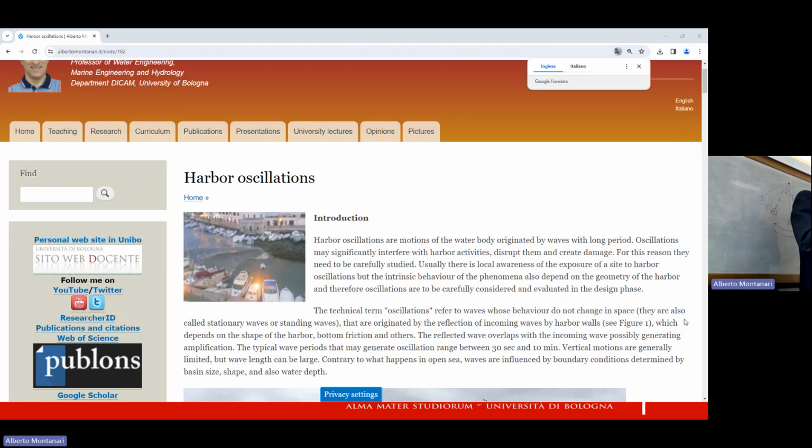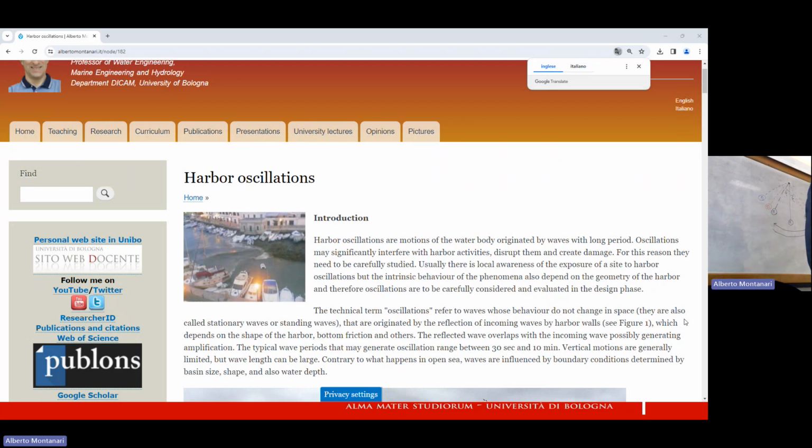So the time taken by the wave to travel along the harbor and come back is the characteristic period of the harbor. It is fixed, if the conditions are the same. Of course, if you have different conditions, like, for instance, the presence of harbored ships, the characteristic period may change.